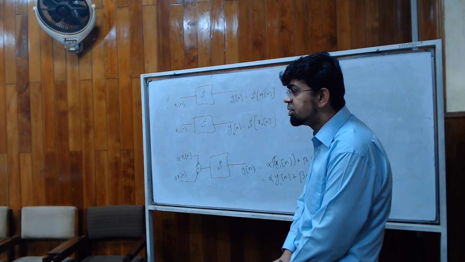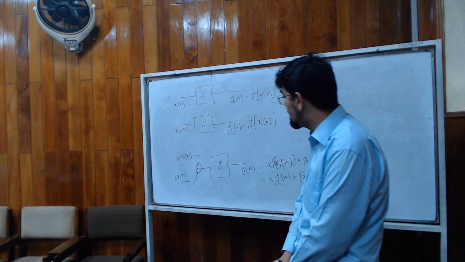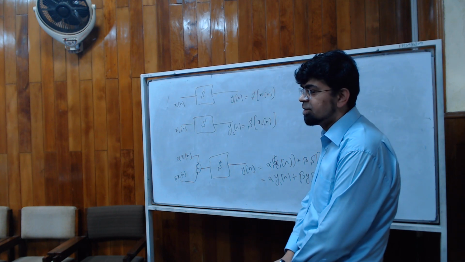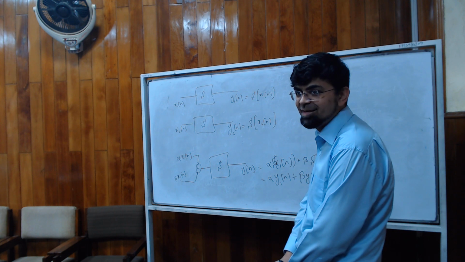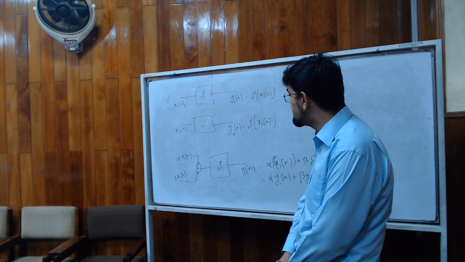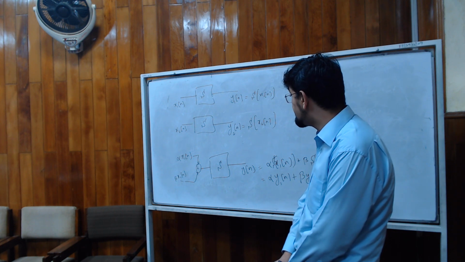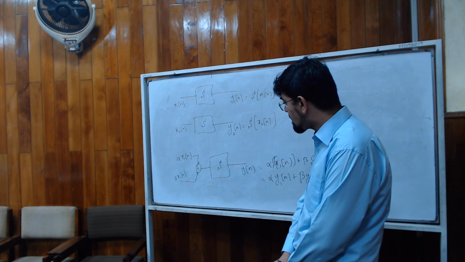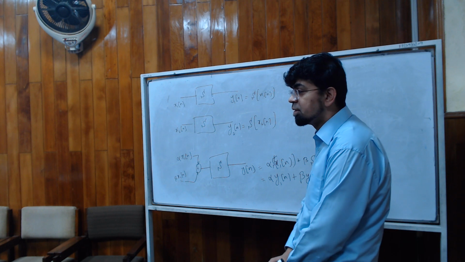You agree with that? The addition and the system are interchangeable. Yes. Right? Why is that? Because let's say if you apply the system first and then you add these, then you get this thing.